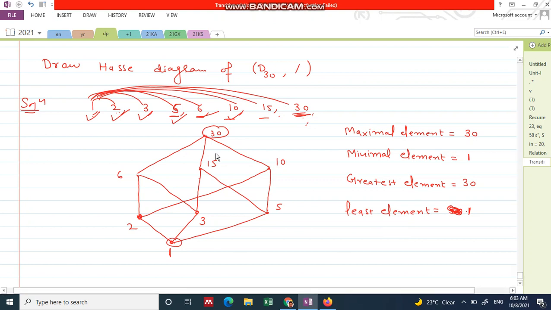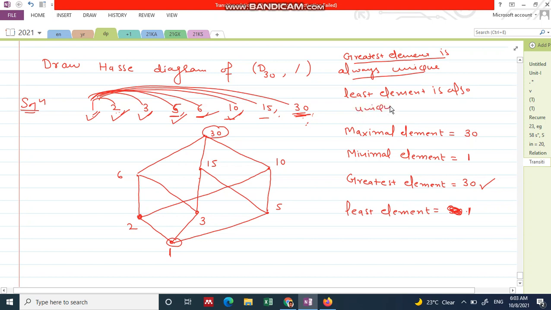Here remember one thing: the greatest element is always unique. You cannot have more than one greatest element. That is why in every example you have only one greatest element. And the least element is also unique.